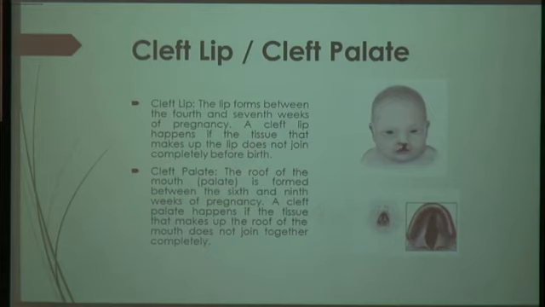Or this cleft palate, which is the roof of the mouth, which is very close to the lip, but inside. The roof of the mouth fails to close together, so it forms a cleft there, like what you see in the right picture here. These two types are usually talked about together because they are so close.